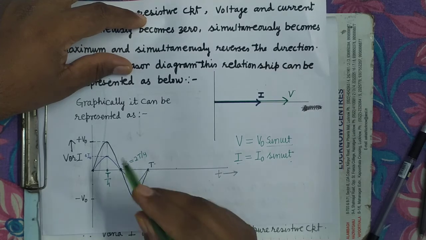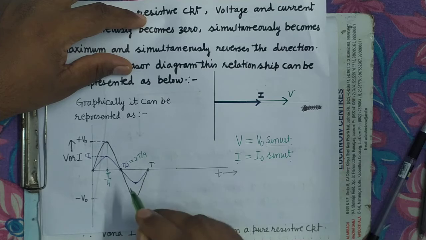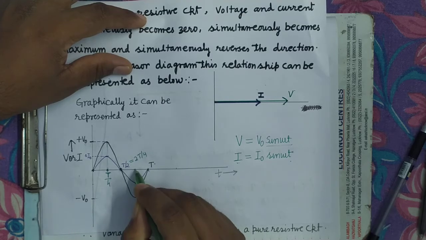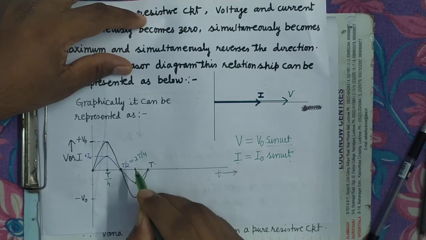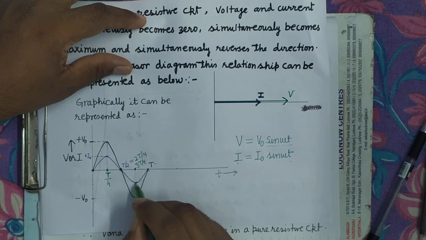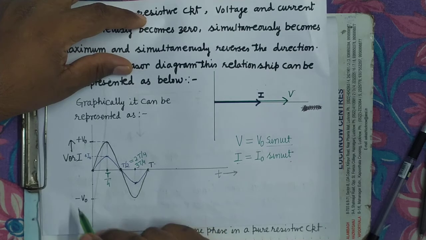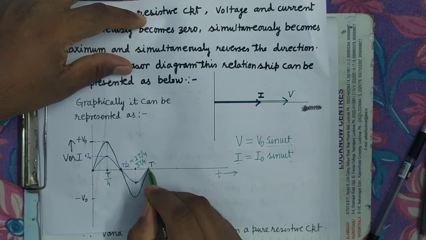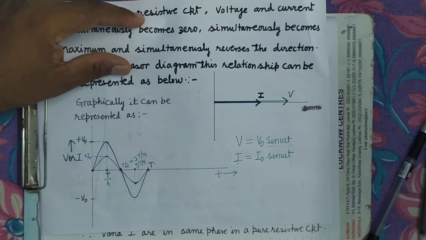Once again, current increases and becomes maximum at what time? At 3T by 4. You can see here, this is 3T by 4. Both have achieved the maximum value in the opposite direction, and at time T once again it has become 0.